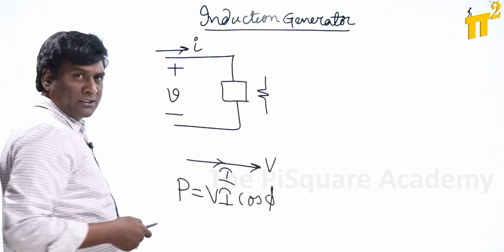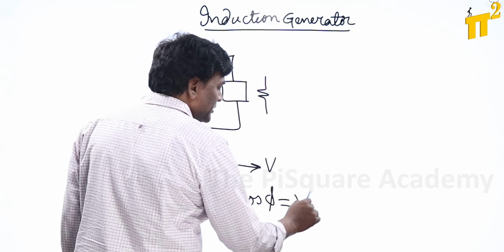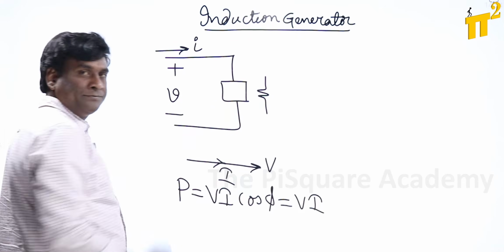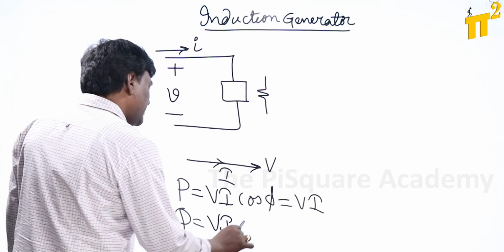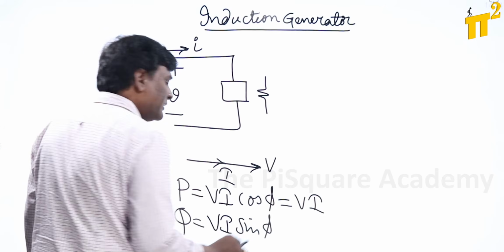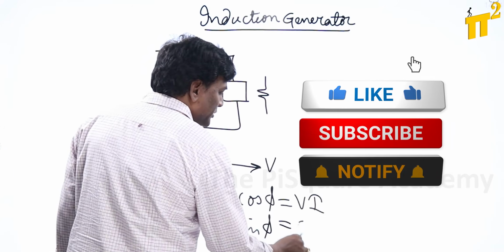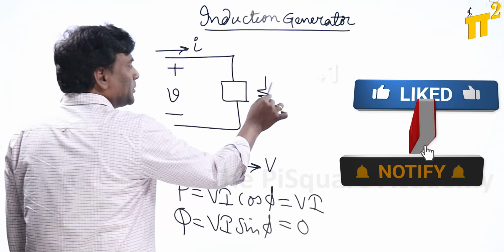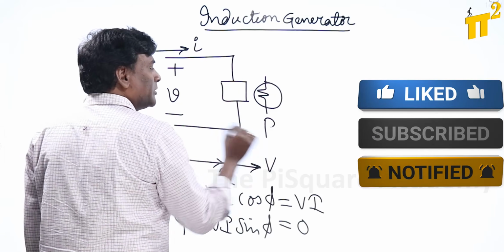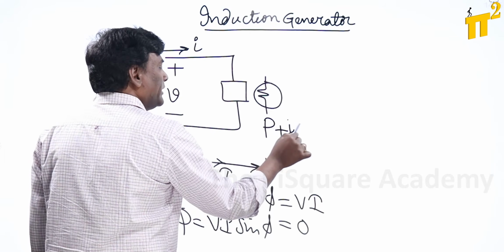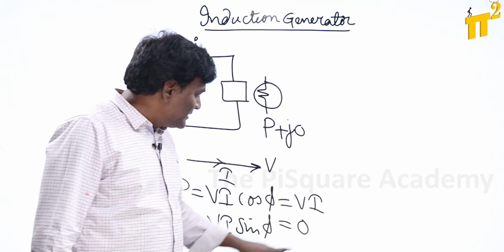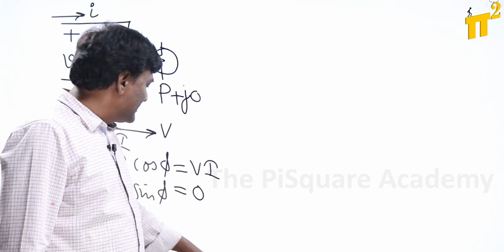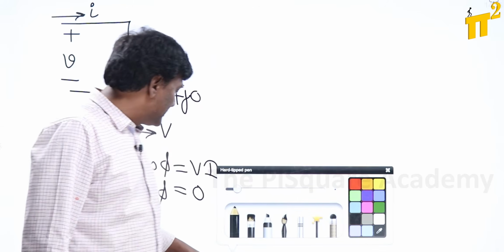The angle between voltage and current is 0, so this is going to be VI, which is actually absorbed active power. Now reactive power is going to be VI sin phi. Phi is going to be 0, so reactive power is going to be 0, meaning that this particular system is absorbing active power with 0 reactive power. Now let us think of it if it is not a resistance, if it is resistance and inductance.